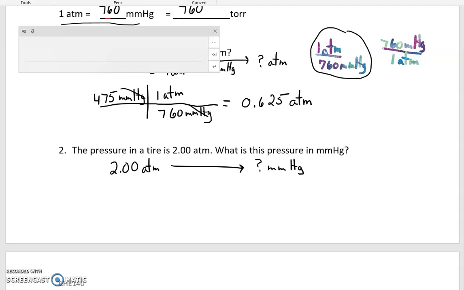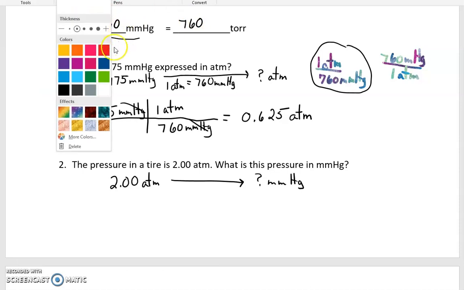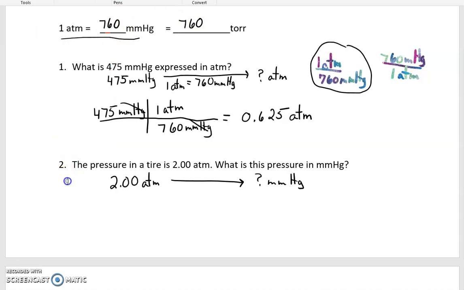Well, our equality is going to be the same. It's right up here. 1 atmosphere is equal to 760 millimeters of mercury.